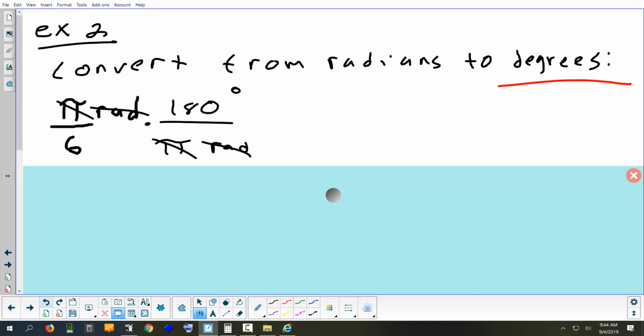And all you're left with is 180 degrees divided by 6. So what's 180 divided by 6? 30. Yep. Now, do I have to put the little degree symbol? Yes. Yeah. If I leave it like that, that's 30 radians. Now it's 30 degrees.